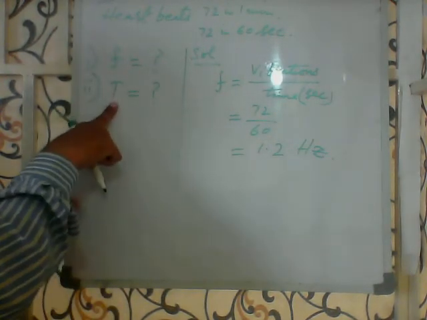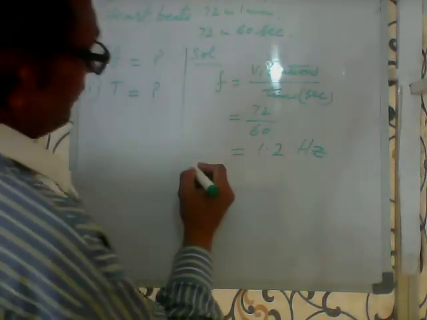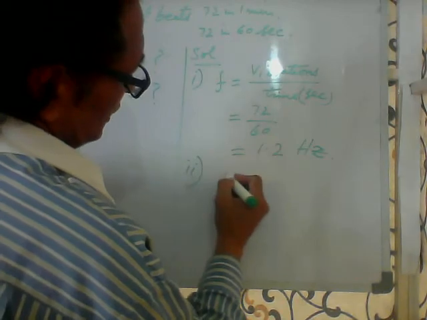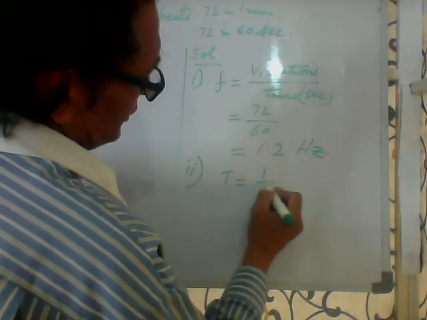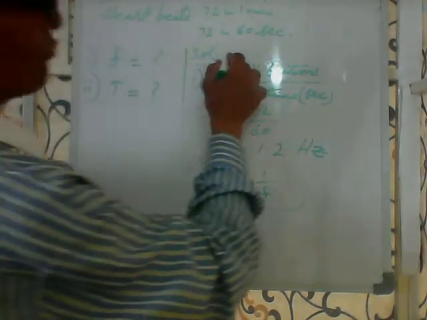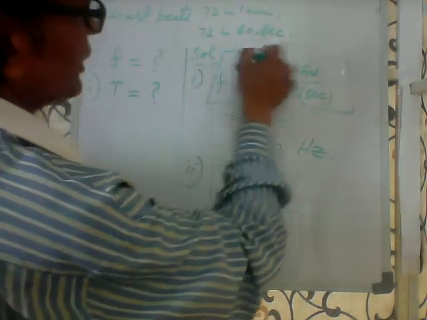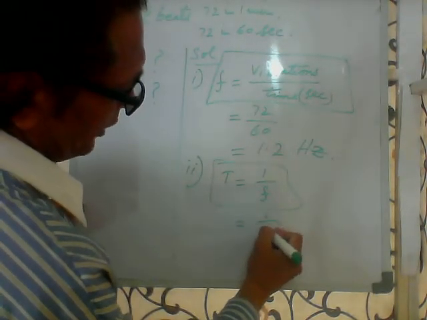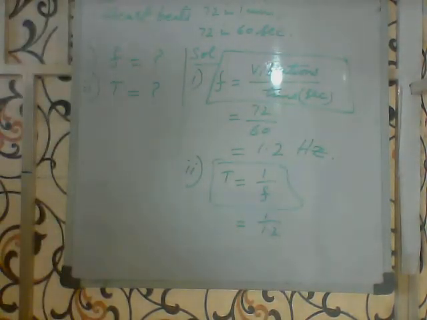Now for time period, we have another formula. Part number 2: time period is the reciprocal of frequency. These are the formulas. So we write 1 divided by 1.2.